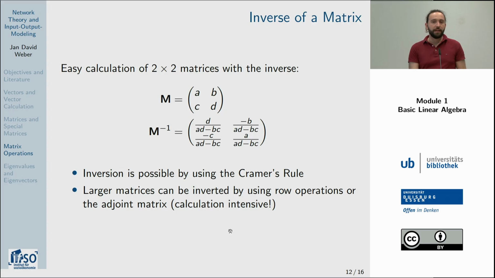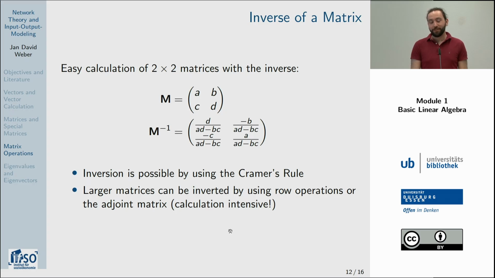The first element of the inverse of M is the element D over the multiplication of A times D minus BC. So you always see in the fraction below the line AD minus BC. You switch the elements A and D in the fraction above, and you just multiply the elements B and C with -1. So this is how you get, with Cramer's rule, the inverse of a matrix.